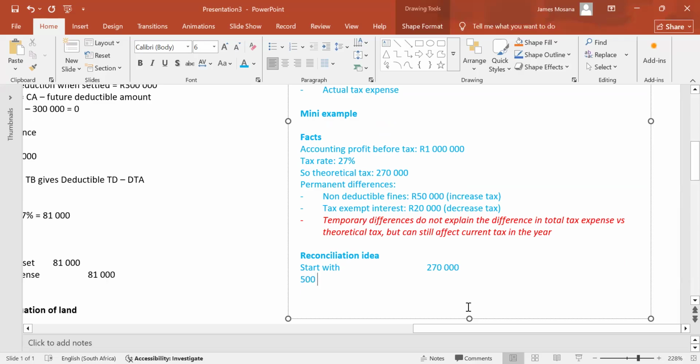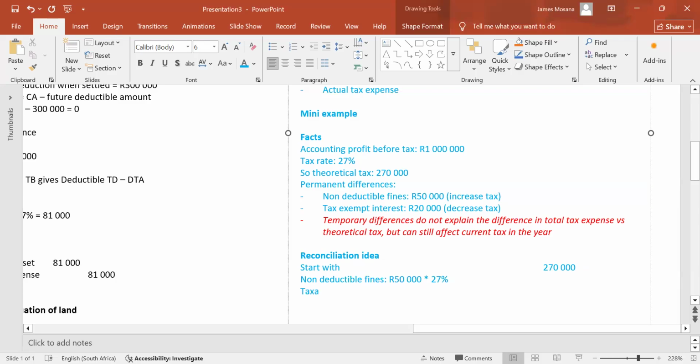We are going to multiply it by the tax rate. So when we do the tax rate recon, we use the tax rate. Can someone please multiply this for me?